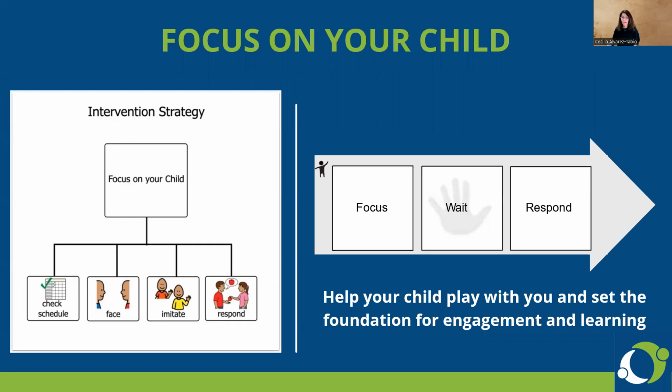You can use this strategy set, that is, focus on your child, throughout your interaction with your child. You will always begin an interaction by focusing on your child and then waiting and watching for your child's response.